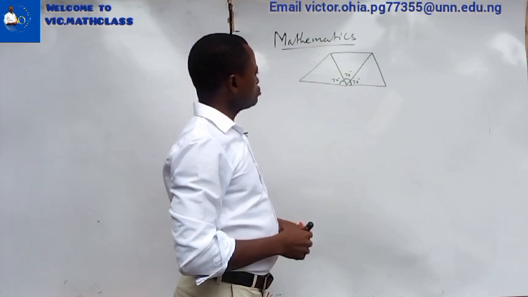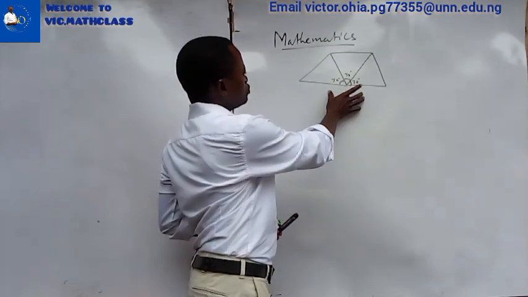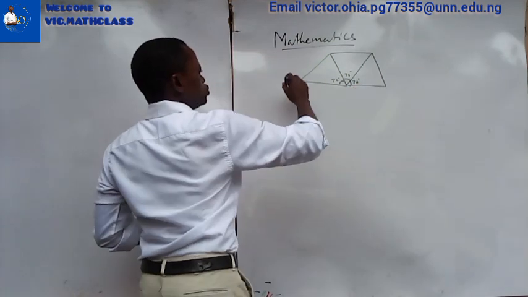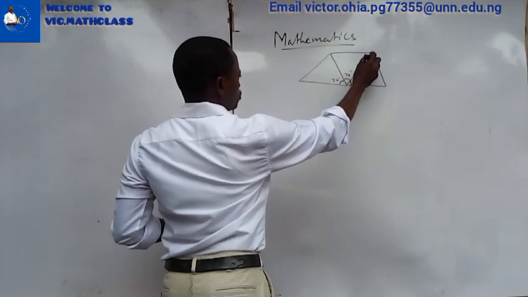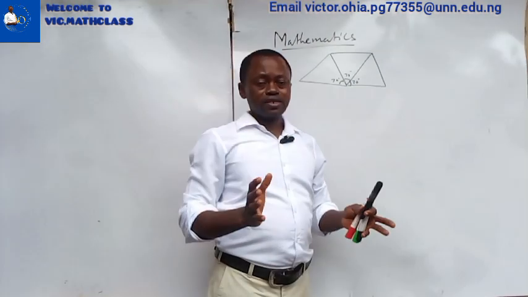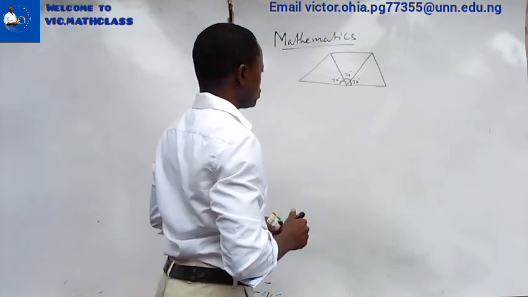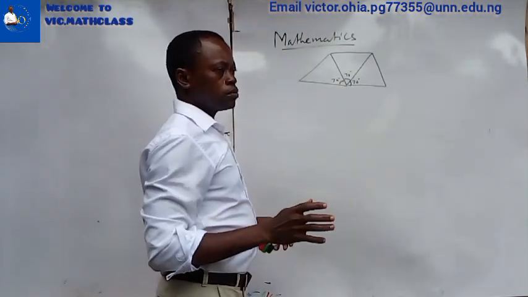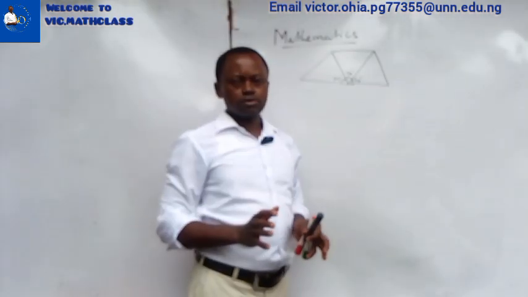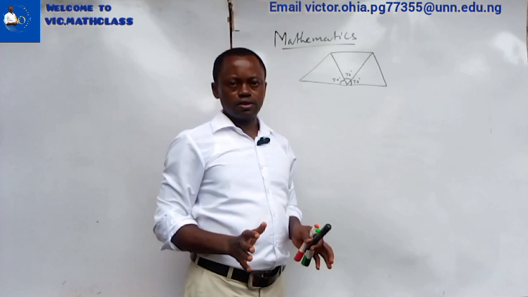If you look at this now, you realize that when you go around this polygon, you'll be covering the external angles, and the sum of external angles of a regular polygon is 360 degrees.